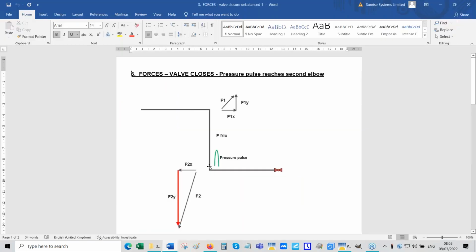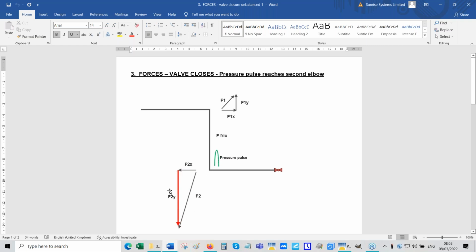So when the pulse reaches that point, this component of the force becomes big. We're assuming that it's a short spike, the value of the pressure surge is significant, in which case that component becomes large. Why?